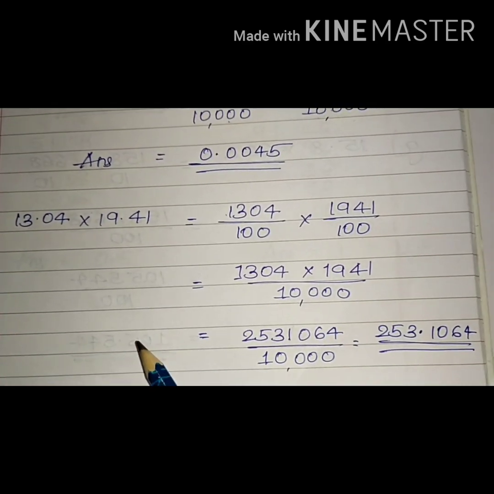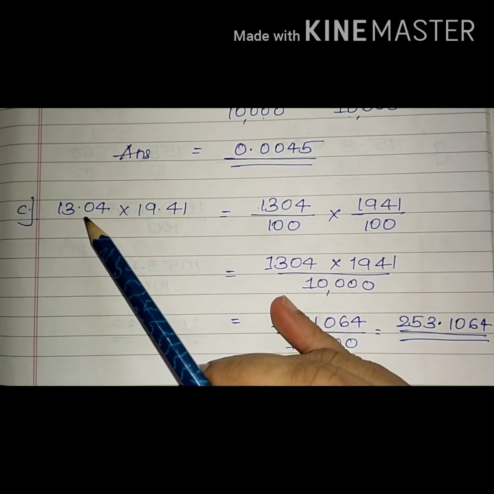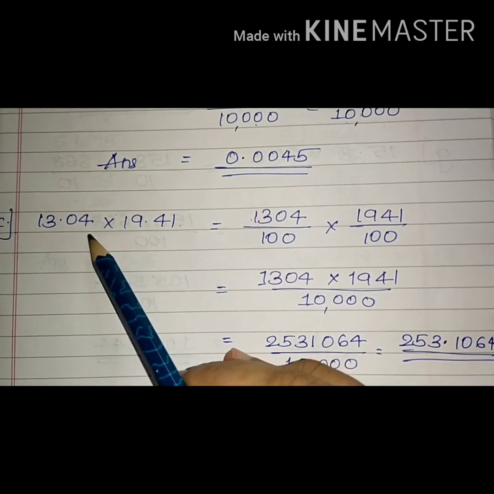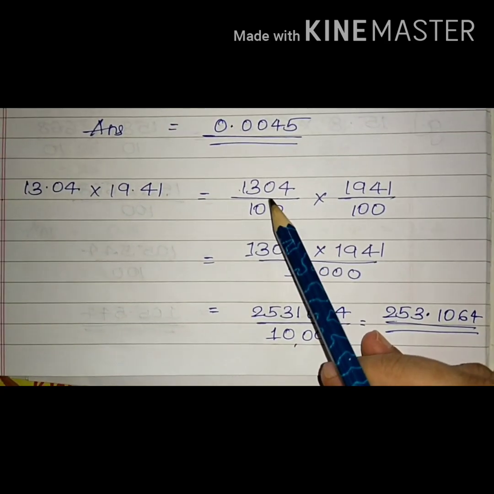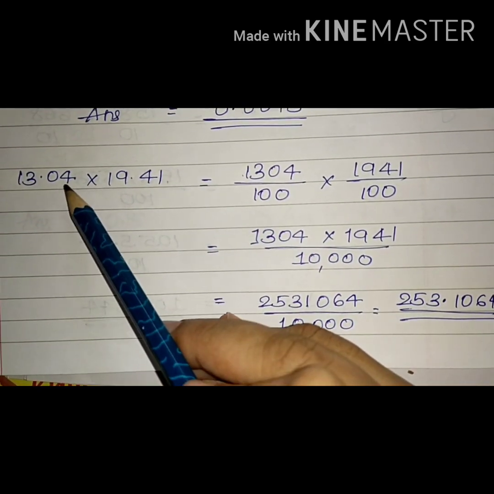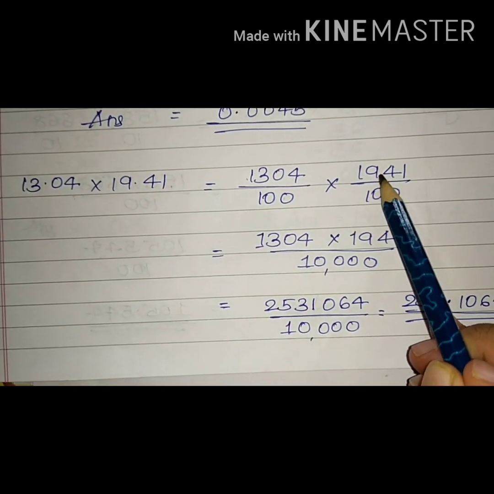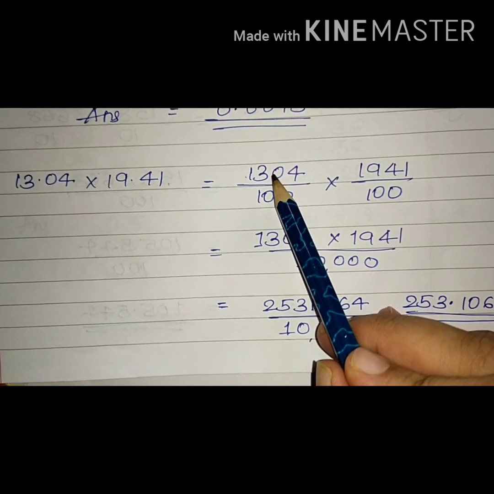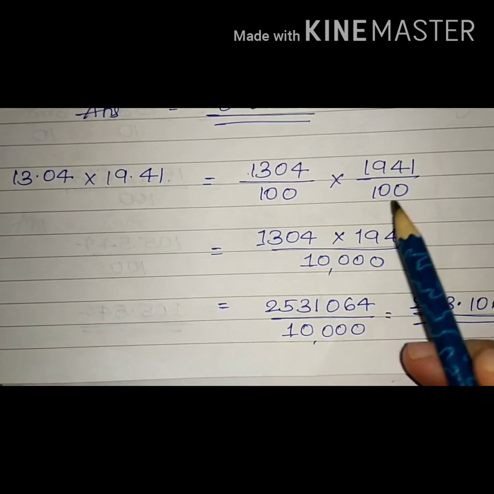Similarly, let us see example number E. 13.04 into 19.41. First I will write it as a fraction. I get 1304 upon 100 because I have 2 decimal places, and 1941 upon 100, again 2 decimal places. I will multiply the numerators and the denominators.